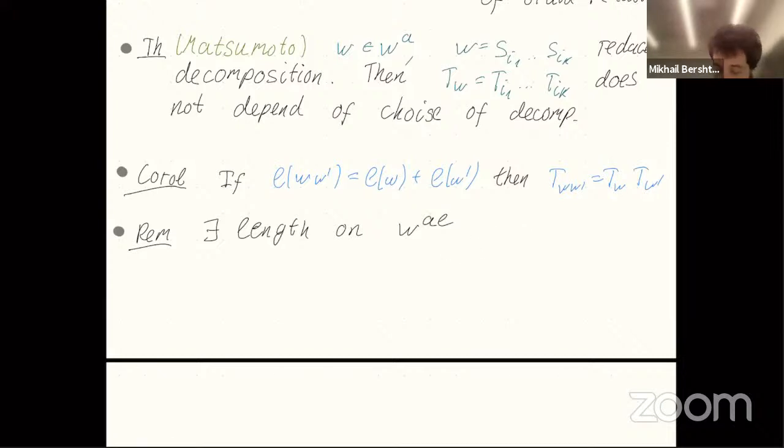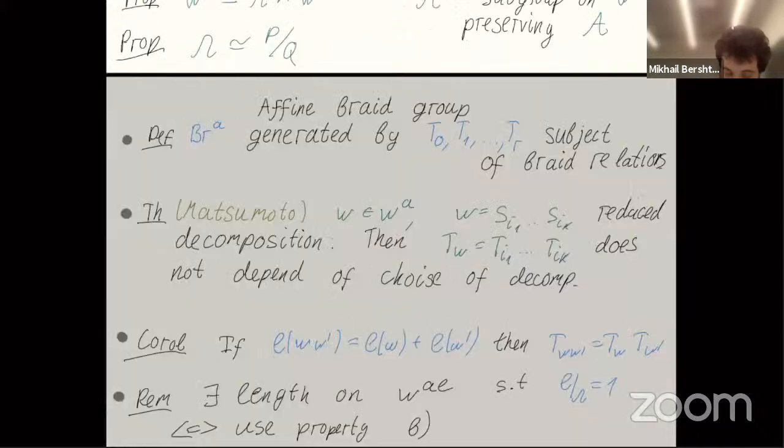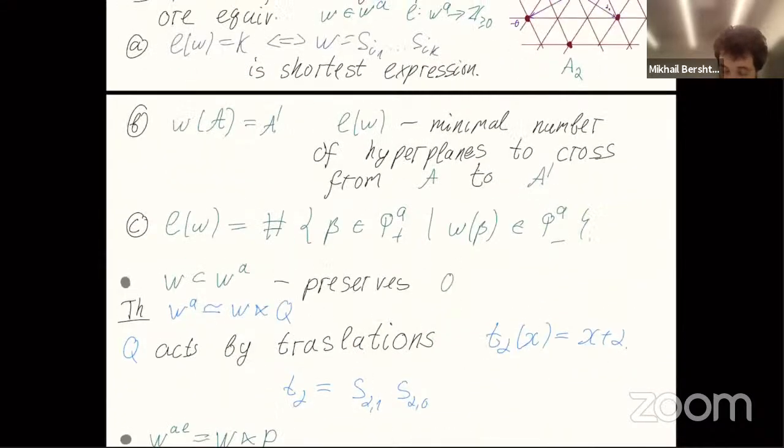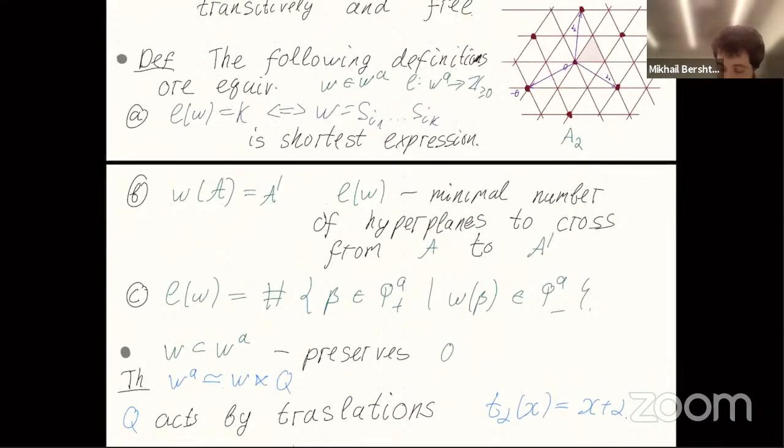In this, one can either say that the length function on Omega is equal to 0, or equivalently use property B. B is the minimal number of hyperplanes to cross from A to A'. So the group Omega, which I have here, is the group which preserves the fundamental alcove.